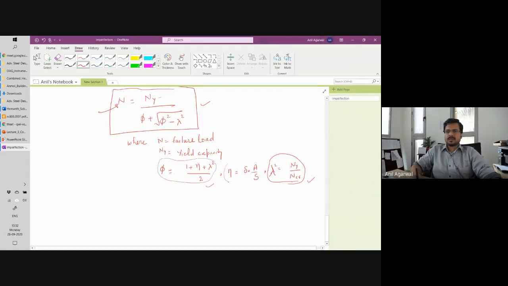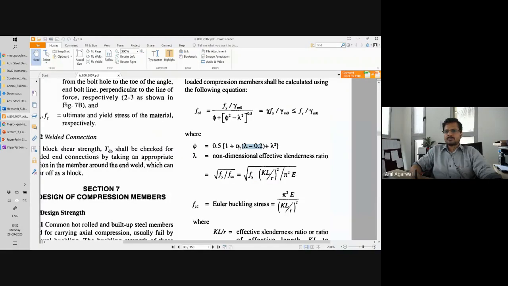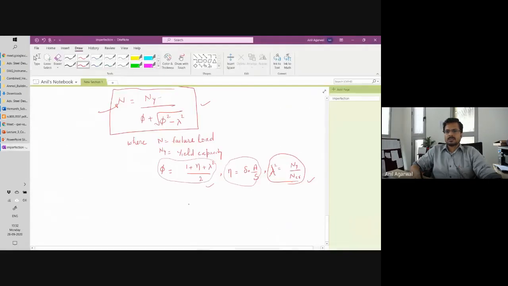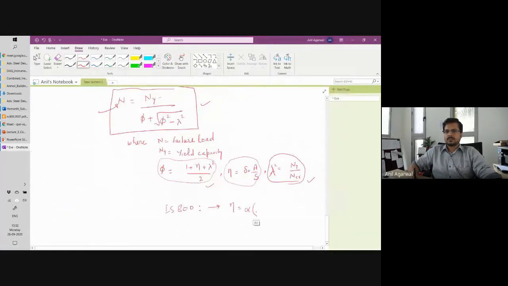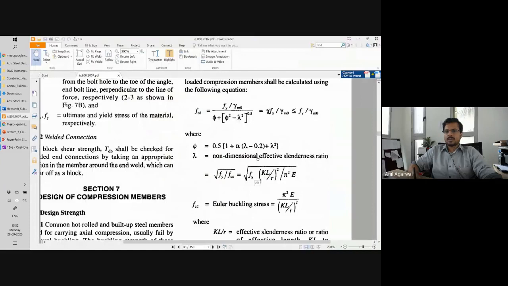What is different is the value of eta. As per our derivation, the value of eta was delta naught A by S, and as per IS 800, eta is equal to alpha times lambda minus 0.2.